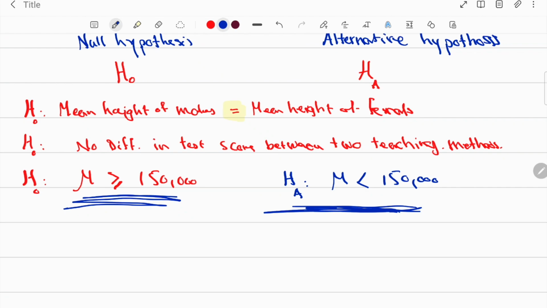It's going to be your status quo, okay? So you will be assuming the null hypothesis is true. Then you collect your data, and we're going to conduct the statistical analysis to evaluate the evidence against it, okay? So we need to determine if the observed data provides sufficient evidence to reject the null hypothesis in favor of the alternative hypothesis or not. This is the goal of our chapter now.